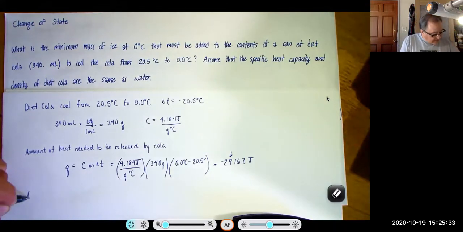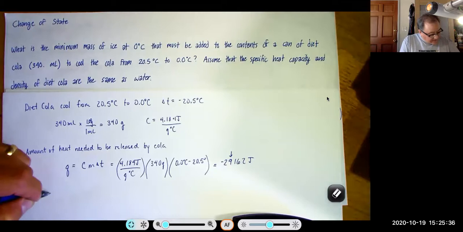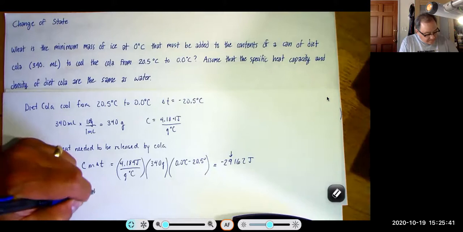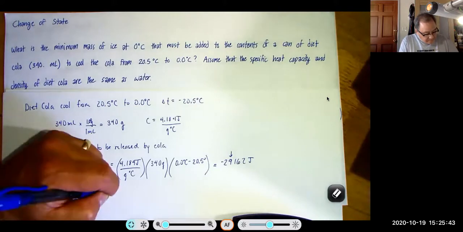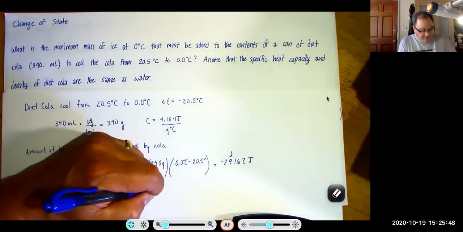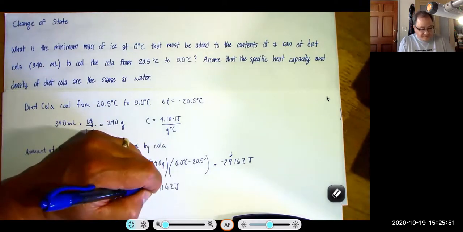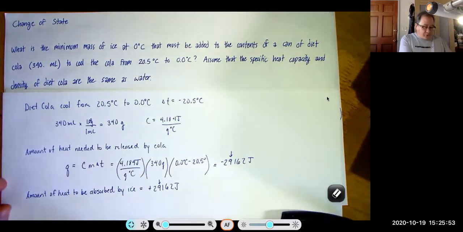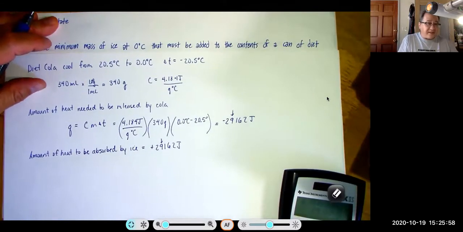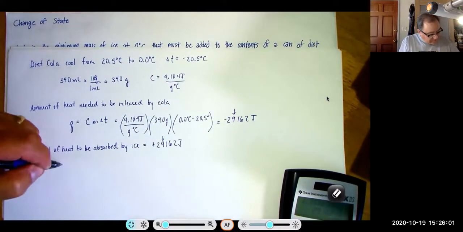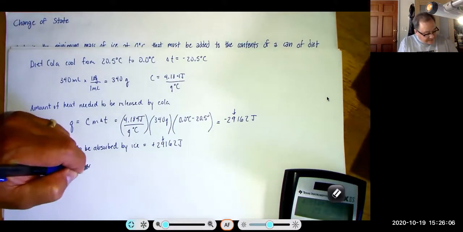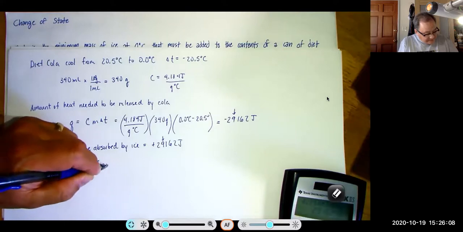So next we have the amount of heat to be absorbed by the ice. And that's going to be positive 29,162 joules. And because it's absorbed, it's a positive value. Now, to calculate the mass of ice, we've got Q is equal to heat times the mass.